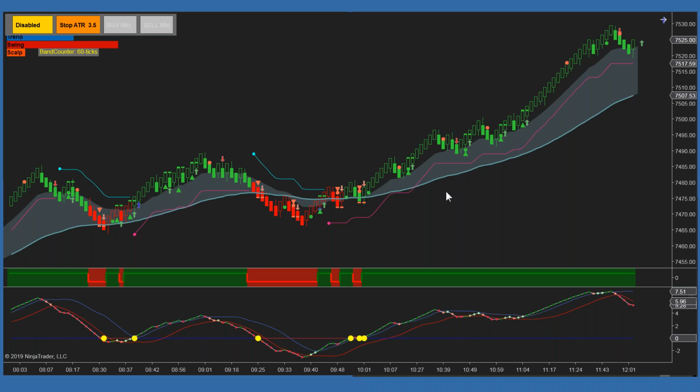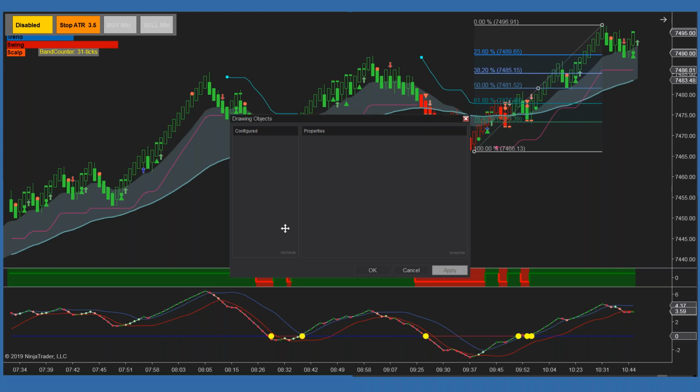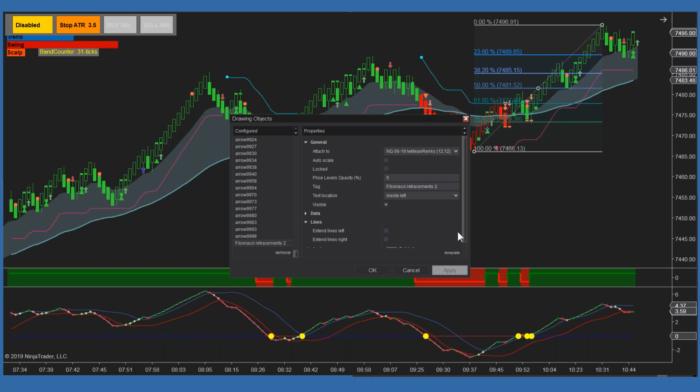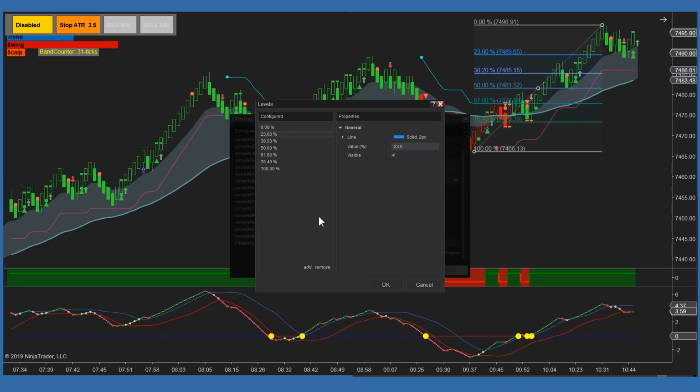Now, the way Robert Miner suggests is he actually starts his analysis with the regular fib retracement. And what I'm going to do here is eliminate the 23 and the 76 levels, and we'll just stay with the three main levels.